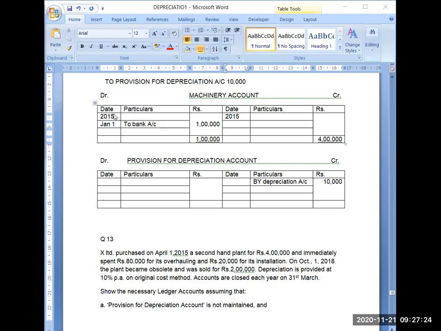Now suppose this is our year 2014-15. I will make the dates easy for you. Otherwise, this will create confusion in your mind. So on March 31st, what will happen now? Because we are not writing the depreciation here.